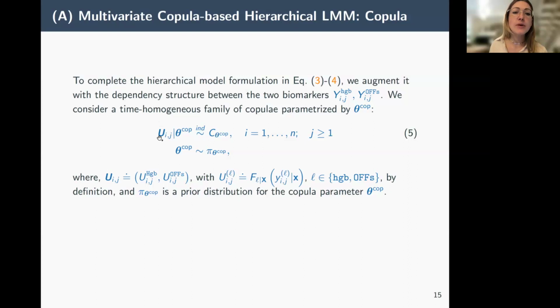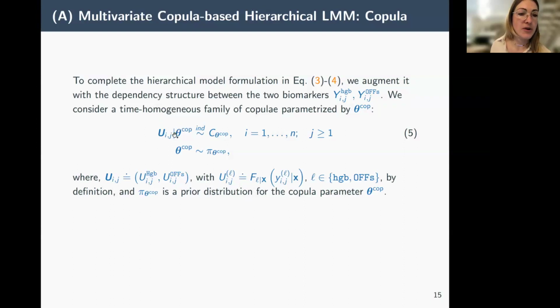And we basically propose a model which reflects the dependency structure, which is given as follows in equation number 5, where each single Uijl, so Uij HGB and Uij off score, hemoglobin and off score, represents a pseudo observation, where the pseudo observation is nothing else than the CDF evaluated in the specific point Yijl. So this is, of course, a bivariate vector in this case.